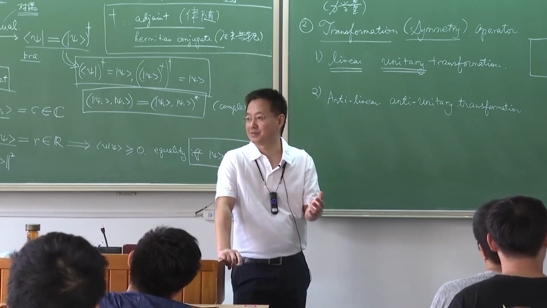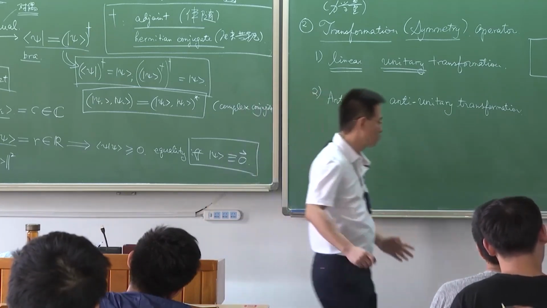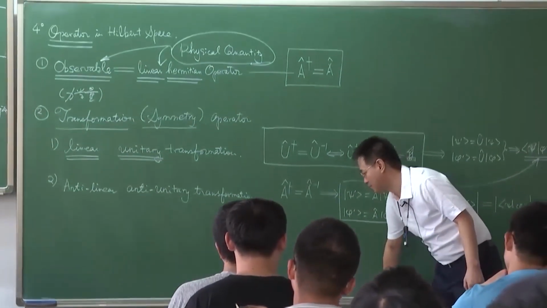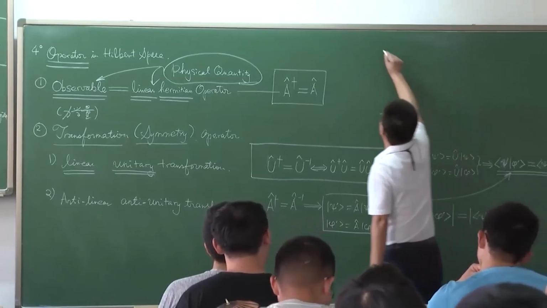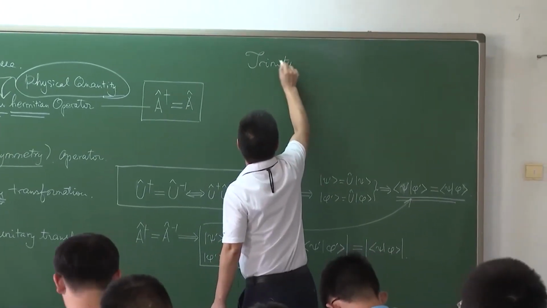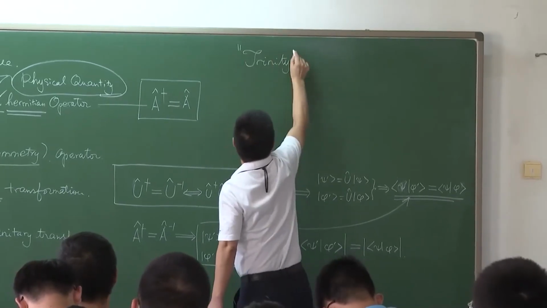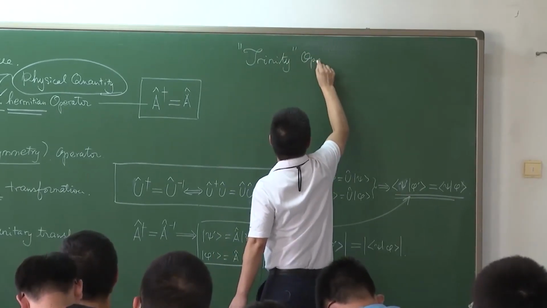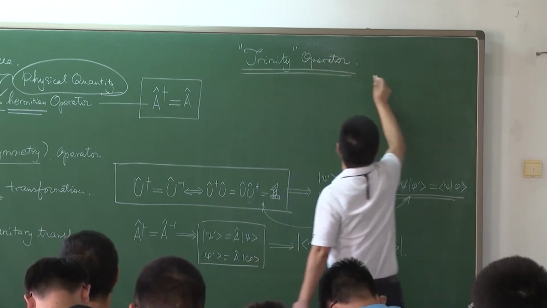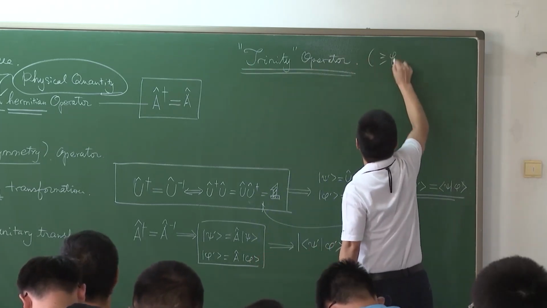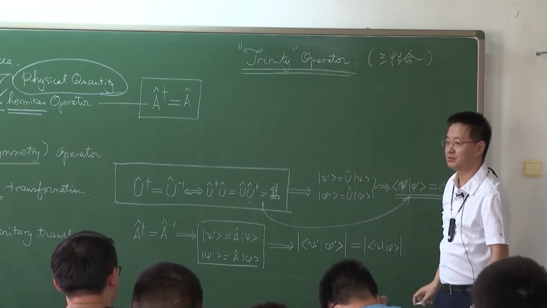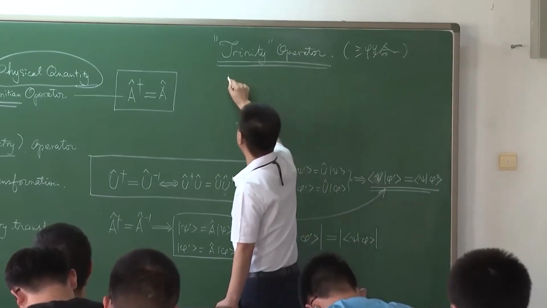It's very strange that we have something like the Trinity. I would like to mention here a very interesting item that is called the Trinity operator. This is my interpretation of that. What does it mean?